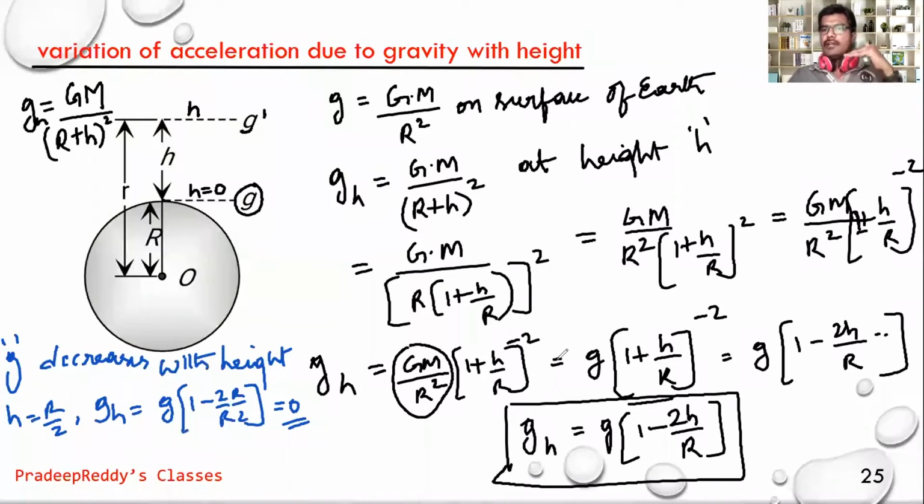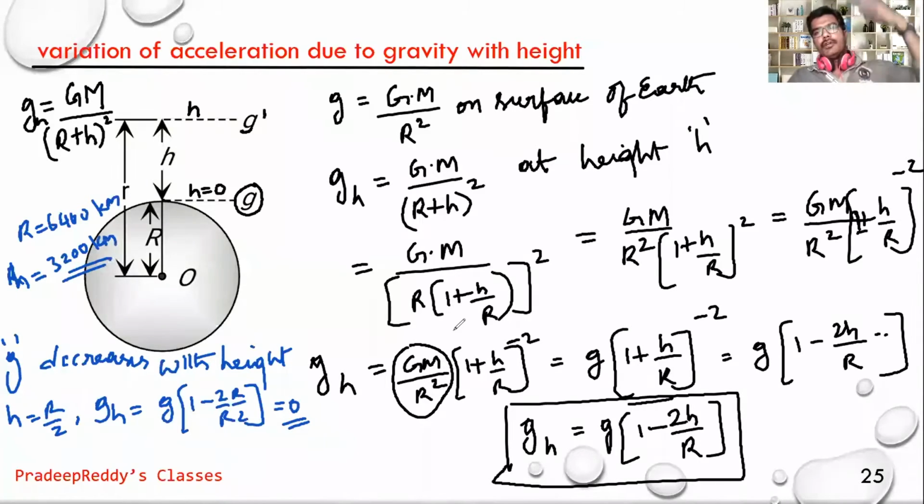Therefore, as you go to higher altitudes, at a distance equal to R by 2, that means half of the radius of the earth, the radius of earth usually being 6400 kilometer, if you go to half of it, that means h is equal to 3200 kilometer, according to this equation, acceleration due to gravity would become 0.